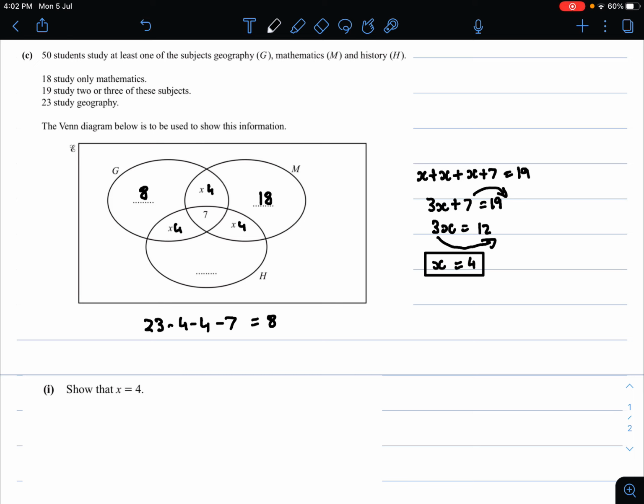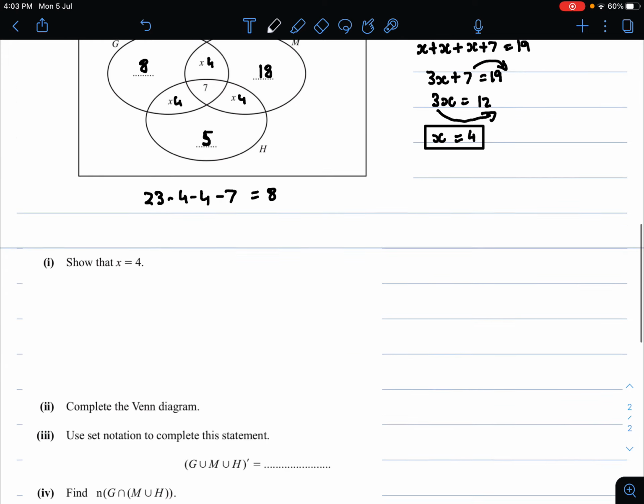So we can simply do 50 minus all the students of geography and mathematics to find out which students study only history. So 50 minus 8 minus 4 minus 4 minus 7 minus 4 minus 18. That will give us 5, and therefore we know that 5 students study only history. Therefore, as you can see, we've completed the Venn diagram.